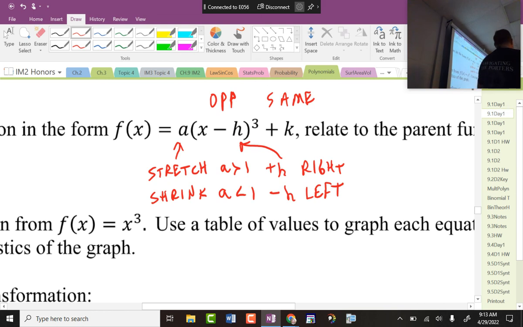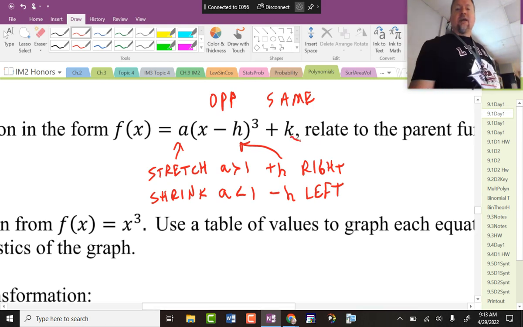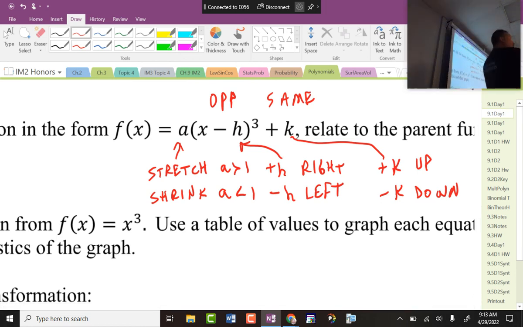So opposite, same as far as how this shifts. But input output's going to take care of this. And then k is same. When k is positive, that's up. When k is negative, that is down. You don't really need Desmos because it really takes away your right to input, say it, output.